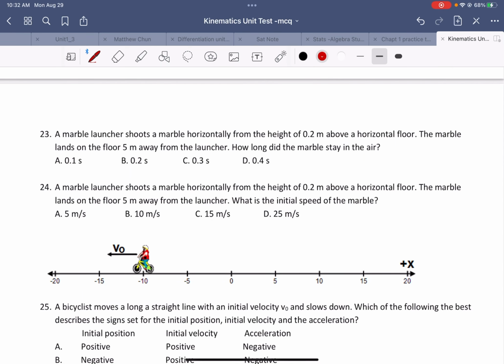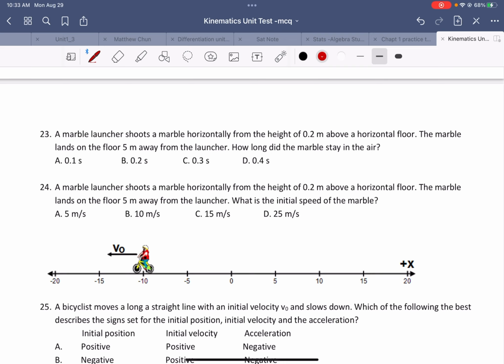Now number 23, next one. A marble launcher shoots a marble horizontally from a height of 0.2 meter above the horizontal floor. The marble lands on the floor 5 meters away from the launcher. How long does the marble stay in the air?